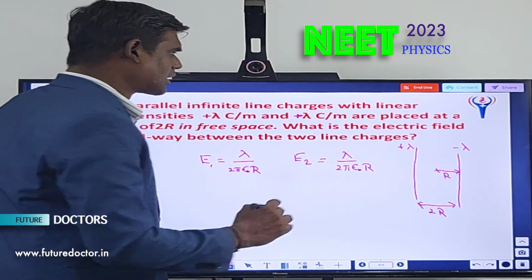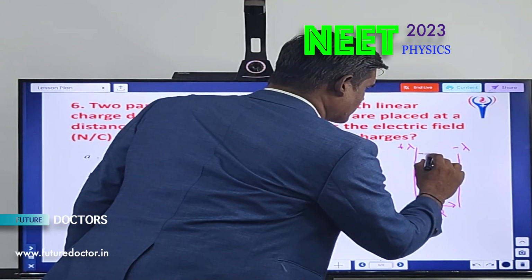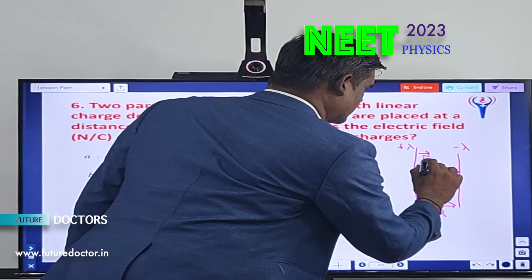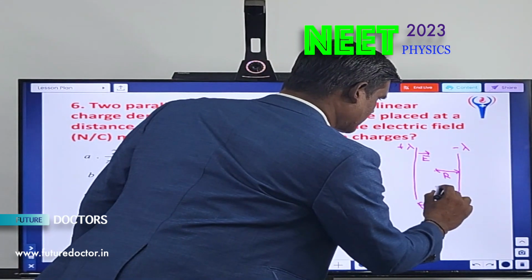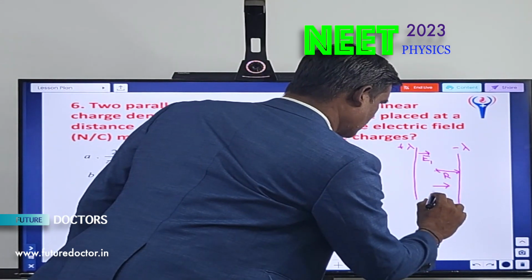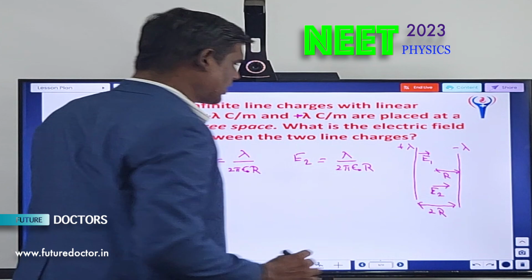What is the direction of the electric field? The direction of E1 is in this direction, and E2 also acts in the same direction.